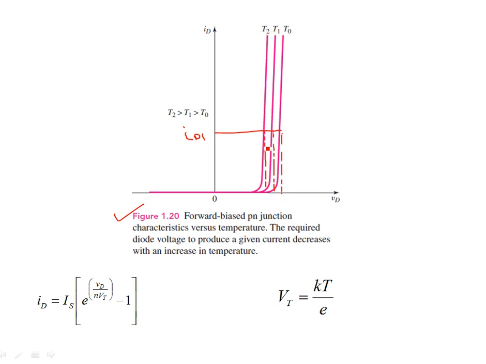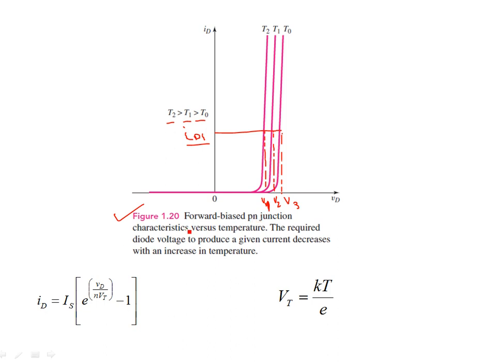So as the temperature is increasing, for example, this one is V1, the first curve is for V1, the second is V2, and then V3. In order to generate the same diode current, if the temperature is increasing, T2 is greater than T1, which is greater than T0. So for the highest temperature T2, the voltage is the minimum. The voltage required to produce the same current becomes less as the temperature increases.